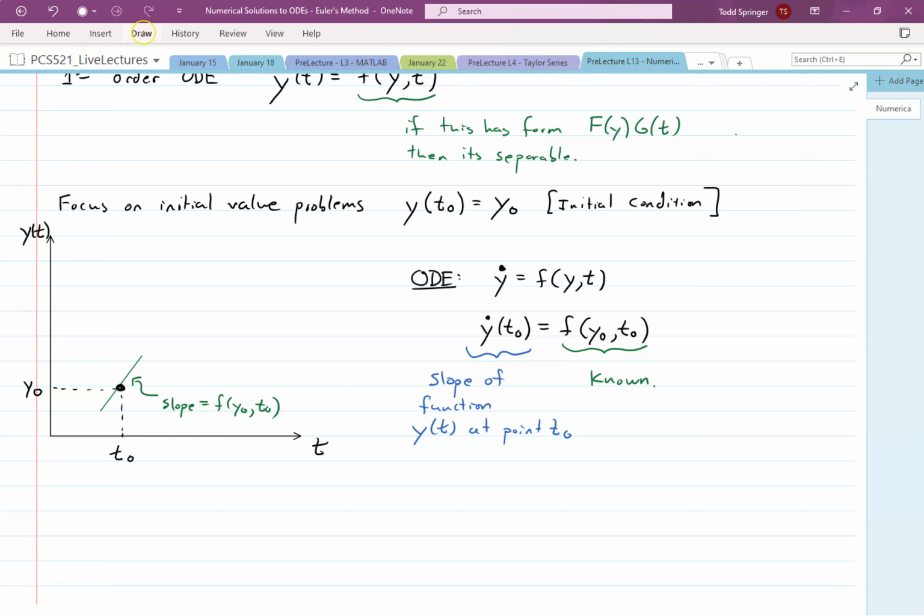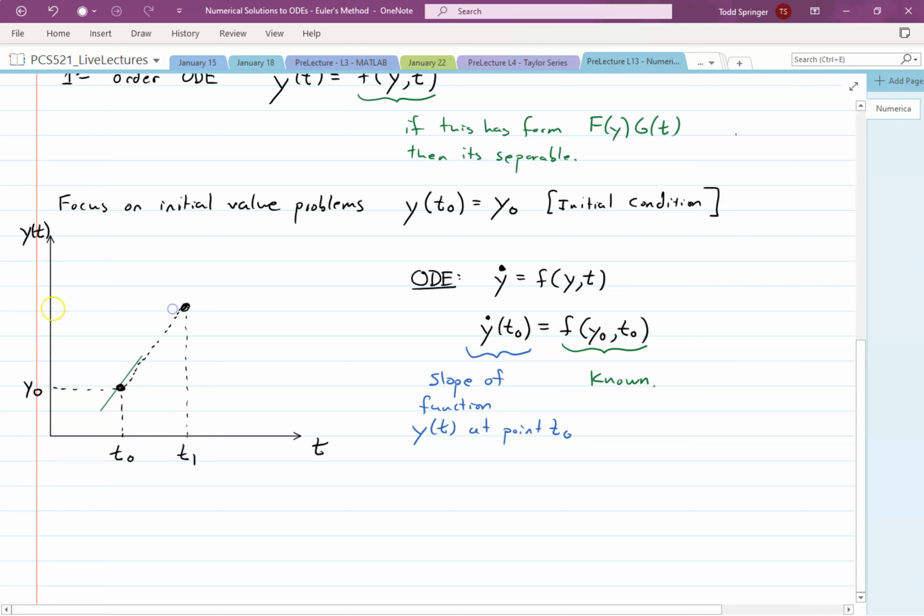You could say, okay, I'm going to approximate my function y as a line. So I'm going to take the slope and just extrapolate that slope to a later time. So let's call this time here t1. So I use the slope and I draw a line to some later time here. Let's call this t1. And that means I have a point here which is called y1.